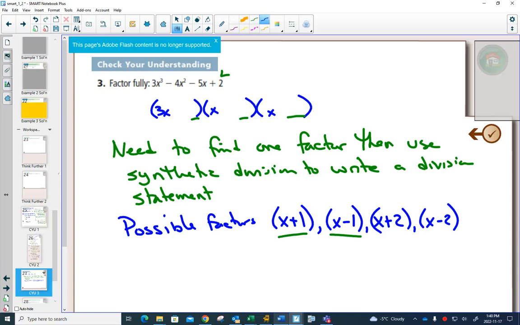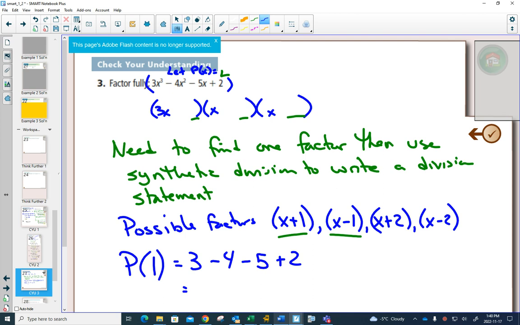And above here, we're going to do this again. Let p of x equal all of this. So we can check what happens if I plug in 1. Does it work? P of 1 would be 3 minus 4 minus 5 plus 2.